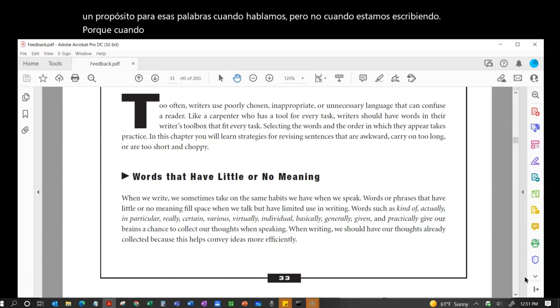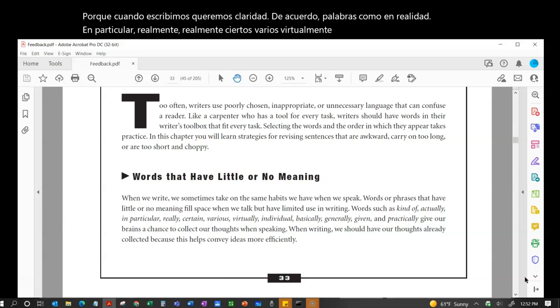Okay, words such as kind of, actually, in particular, really, certain, various, virtually, I use that one, individual, basically, generally, given, and practically. And what I want to add is like, okay?